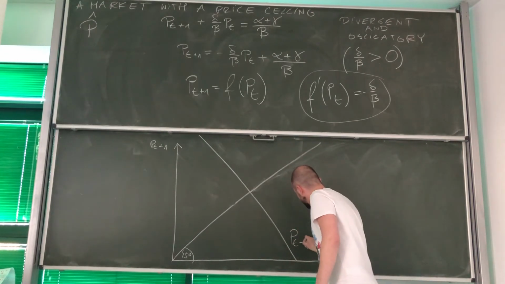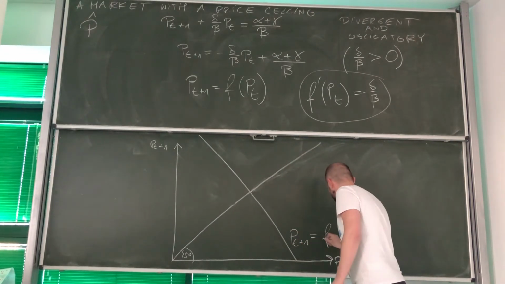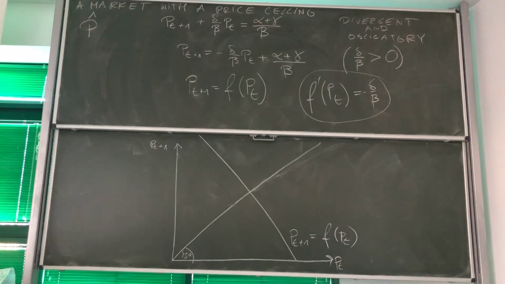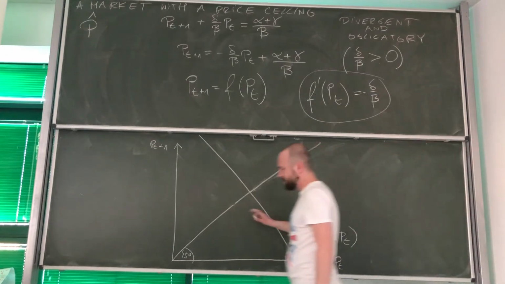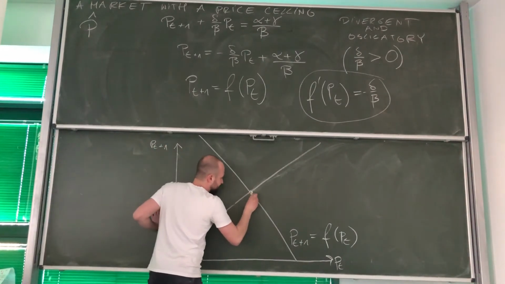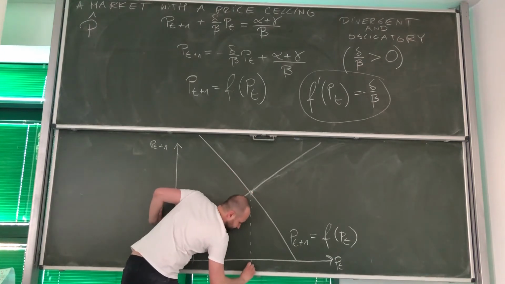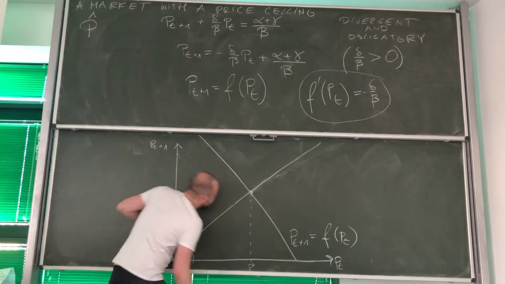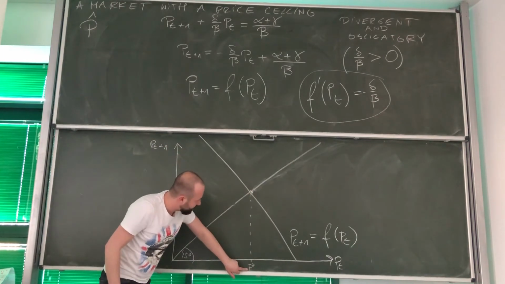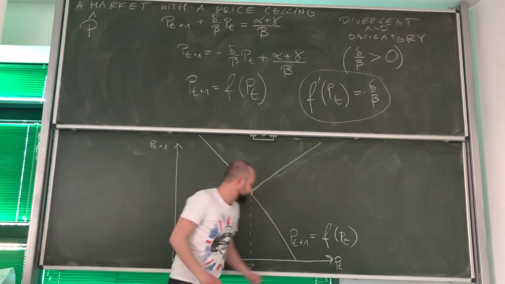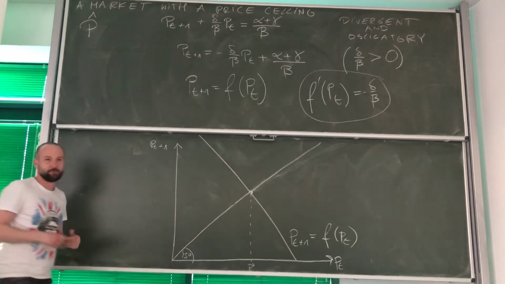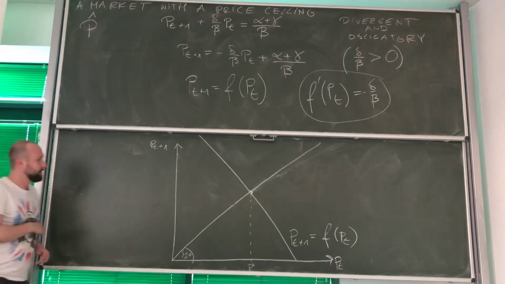Okay, so of course over here we've got intertemporal equilibrium. So if price is at this point, it's constant, so it means that both pt and pt plus 1 are equal.